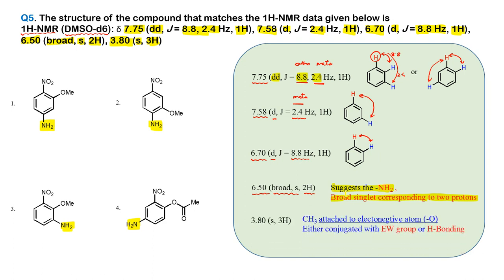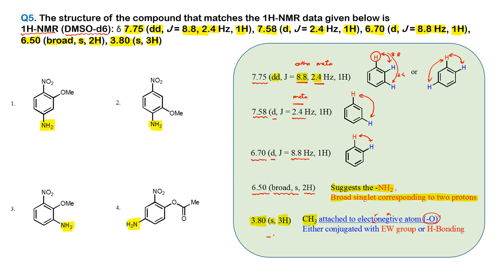The next delta value also helps us place the appropriate position of NH2 with respect to other functional groups. The thing is 3.8 singlet 3H. This suggests that it should be CH3, but the value 3.8 suggests that this CH3 has to be attached to an electronegative group, like oxygen.